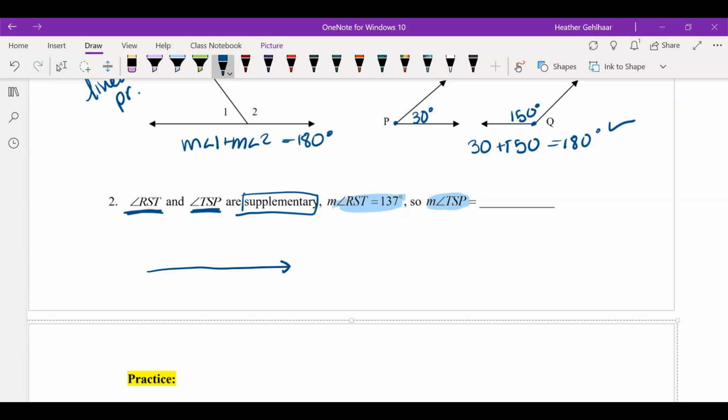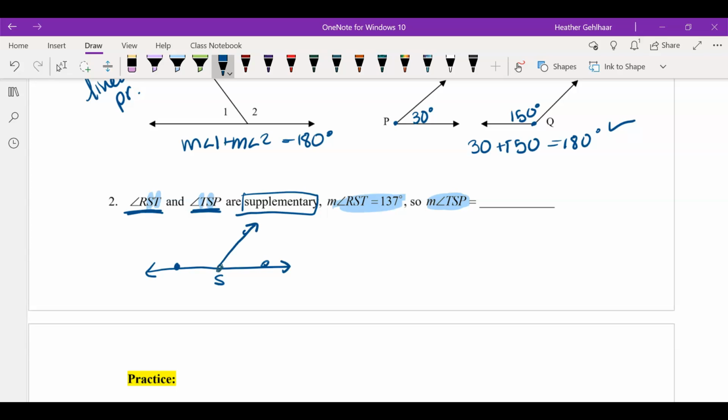So we know that they're supplementary. I know that they are going to be adjacent linear pair angles because the vertex is S, so they share the vertex, and they also share another point, T, so we can draw them on the same line.